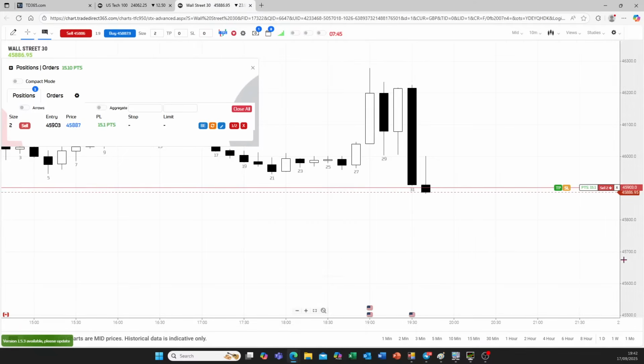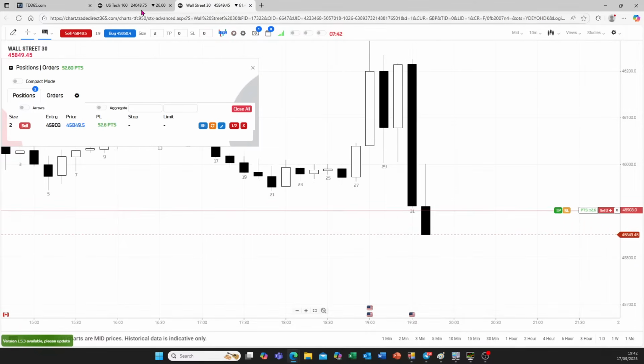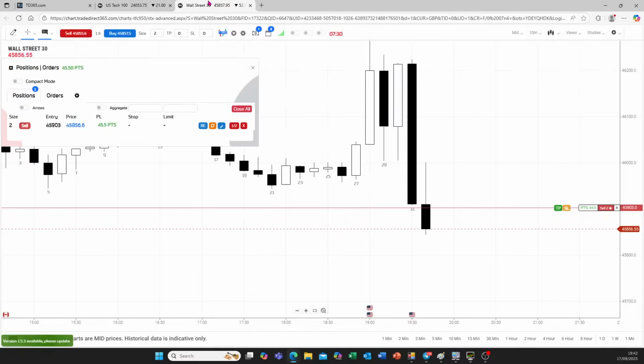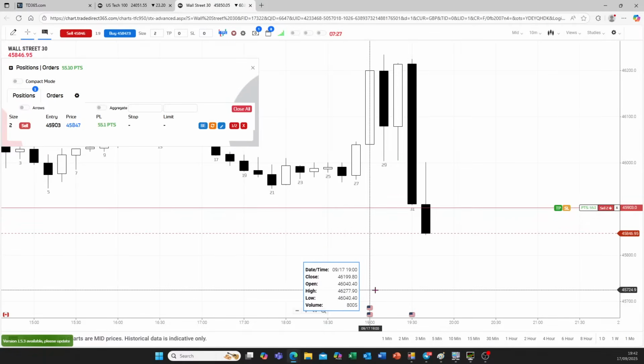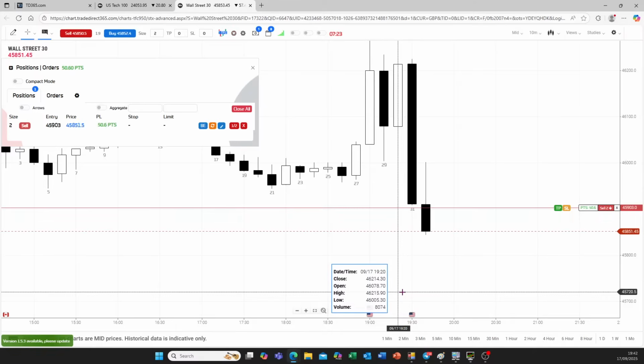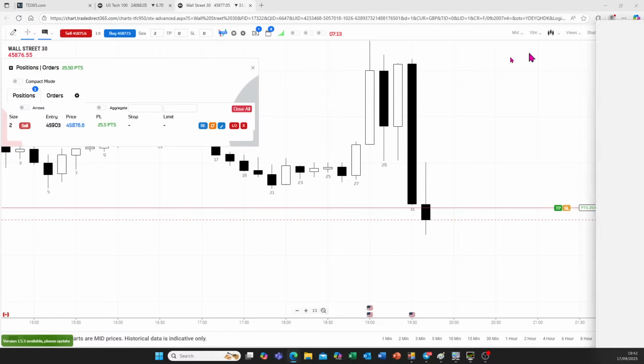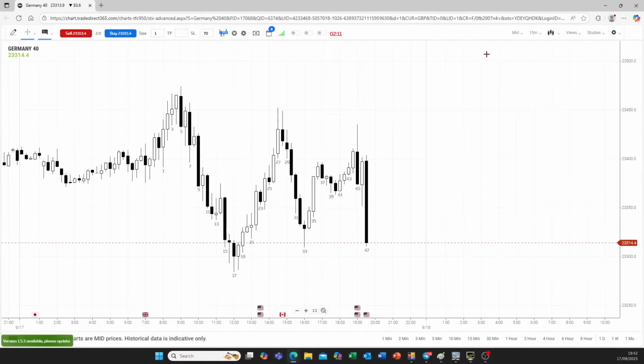Okay, so Dow is now trading lower, and now it's going fast, really fast. The FTSE index and the DAX index are really breaking hard now. Don't know if you can see that, but they are. I'll show you the DAX.